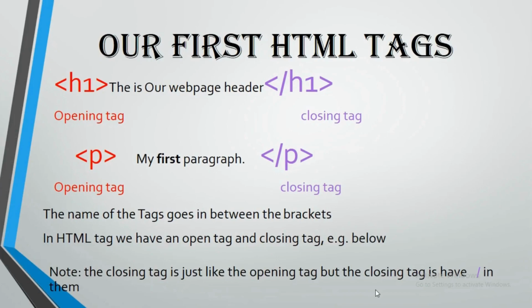Now in between the opening and the closing tag, there is the actual text or the contents that will be displayed on the web browser. So now, in our H1 tag, this is our web page header, which will be affected by the H1 tag, and my first paragraph will also be affected by the paragraph tag.